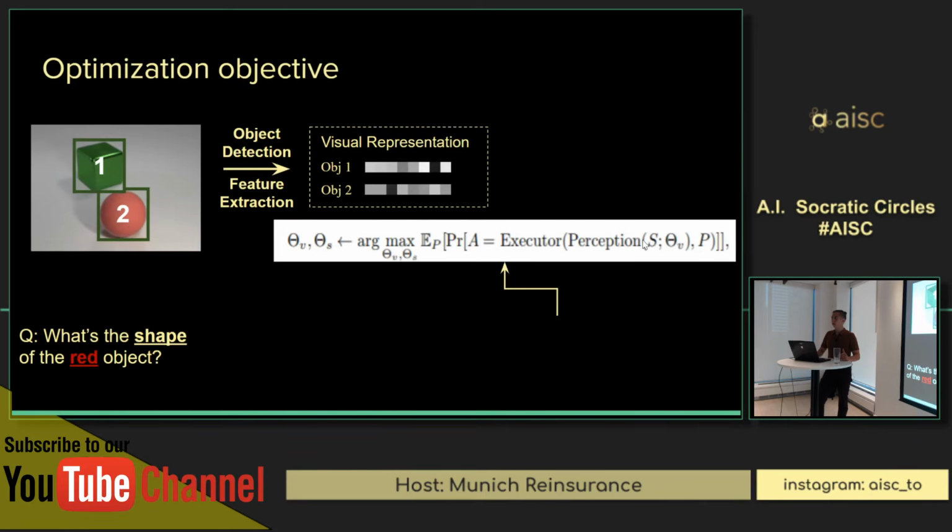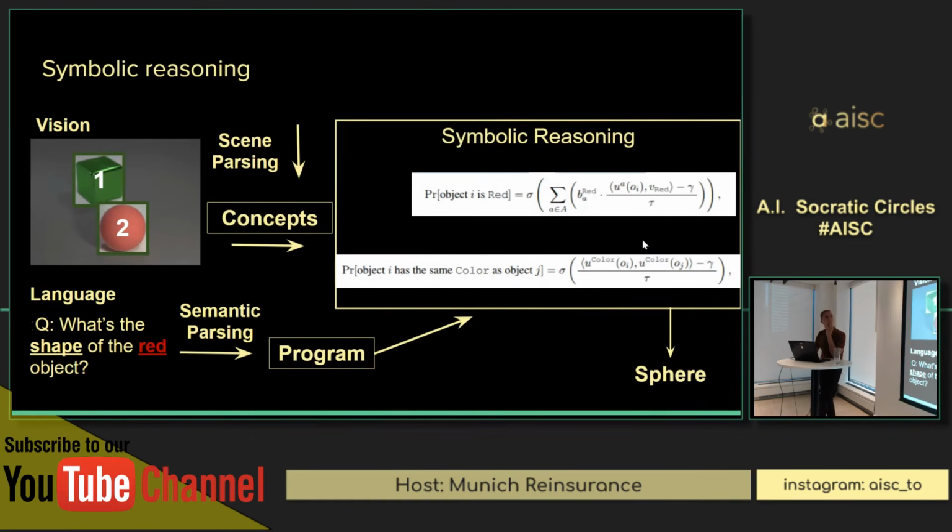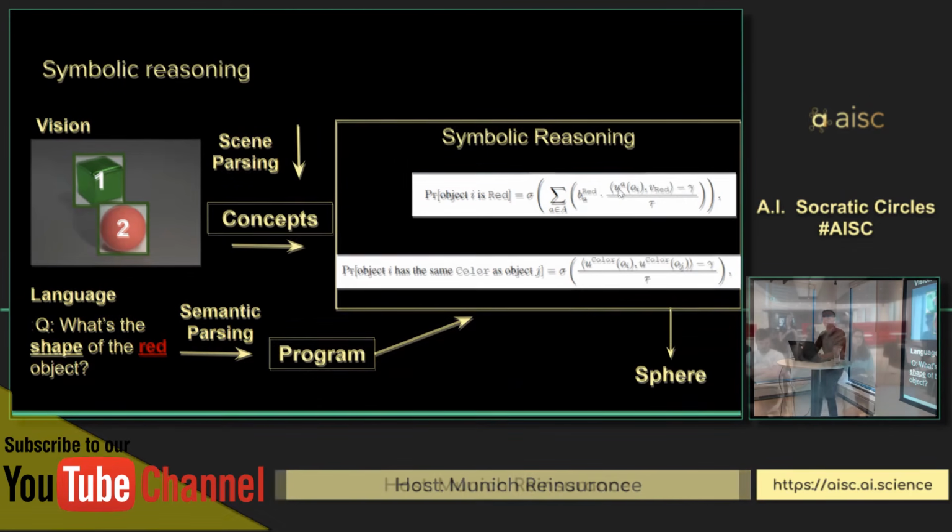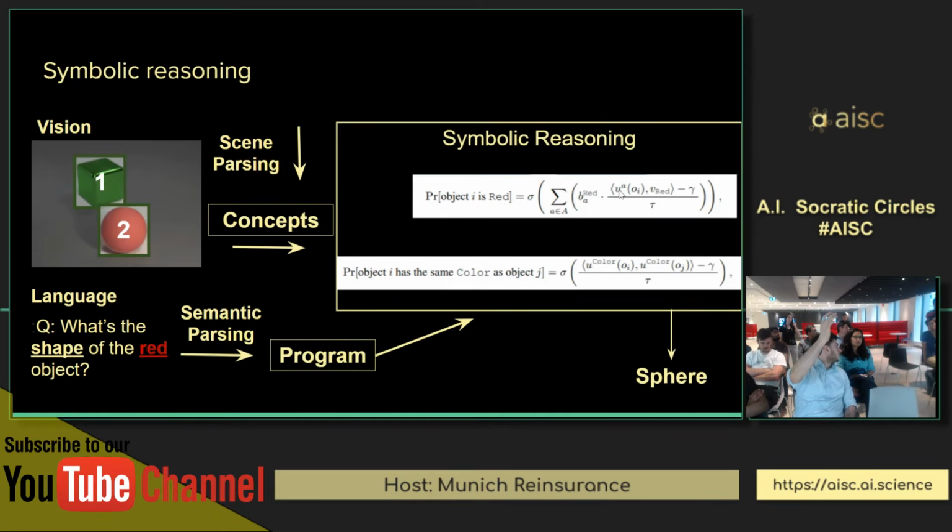Quick question. Sorry. Just that U was the visual representation of object i. What was U? So that can be the projection of, for example, the visual representation onto the color red. So the encoded representation.